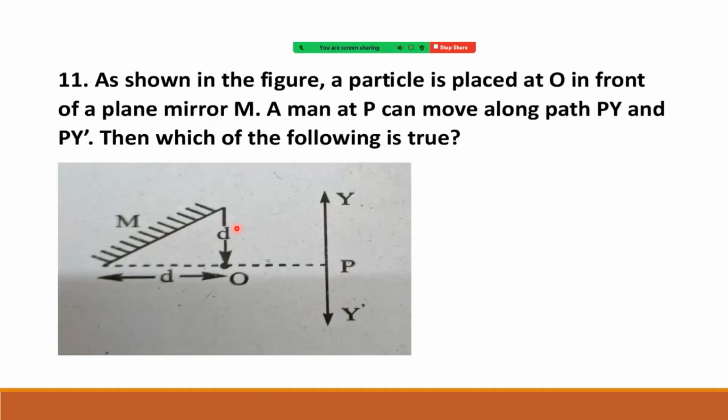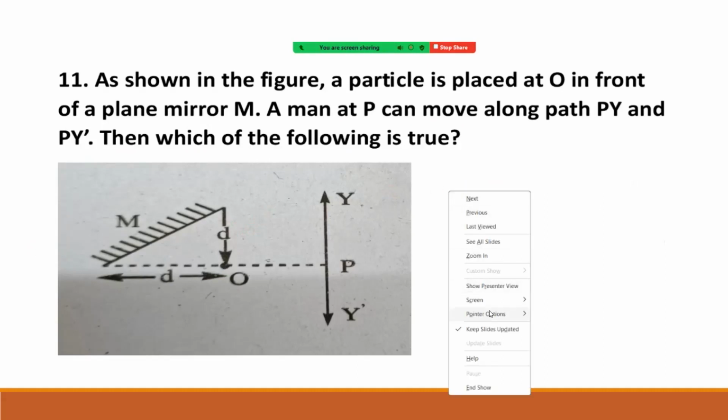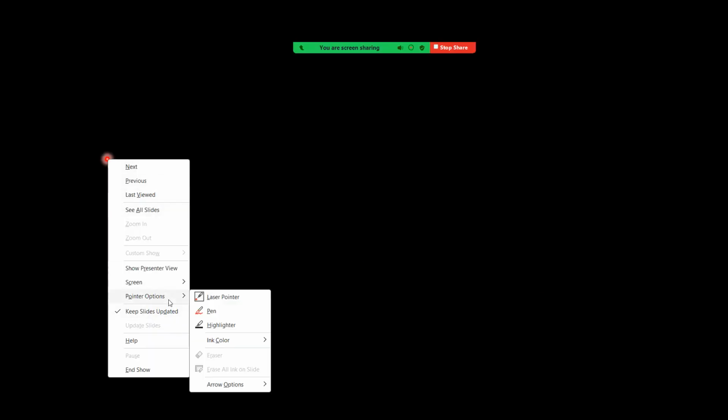Okay, let us do one thing. Let us make a diagram, then we can decide the options regarding image. Let us make the given diagram.